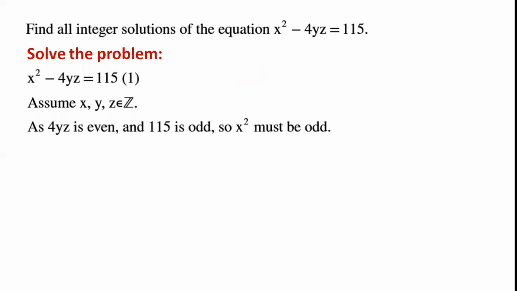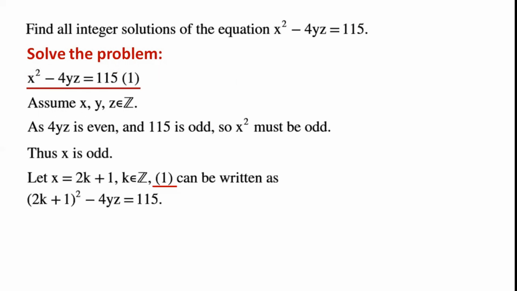As 4yz is even and 115 is odd, x squared must be odd. Thus, x is odd.